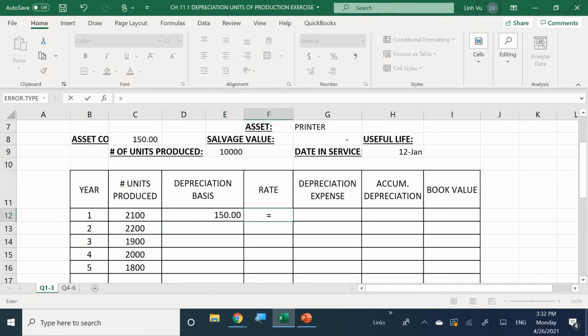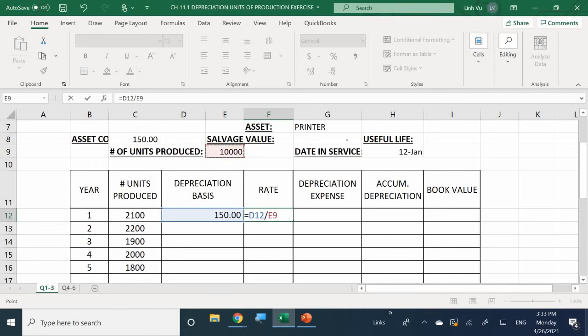What's going to be my per unit rate? $149 is not correct. Let's see, 15 cents?